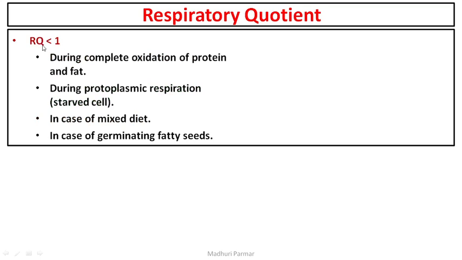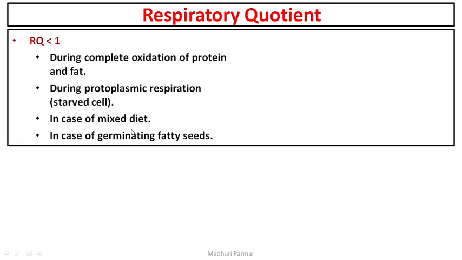When is RQ less than 1? Respiratory quotient is less than 1 when there is complete oxidation of protein or fat. In case of fat, it is closer to 0.7. For protein, it is 0.8 to 0.9. During protoplasmic respiration, in a starved cell which is undergoing protein oxidation, the RQ will be less than 1.